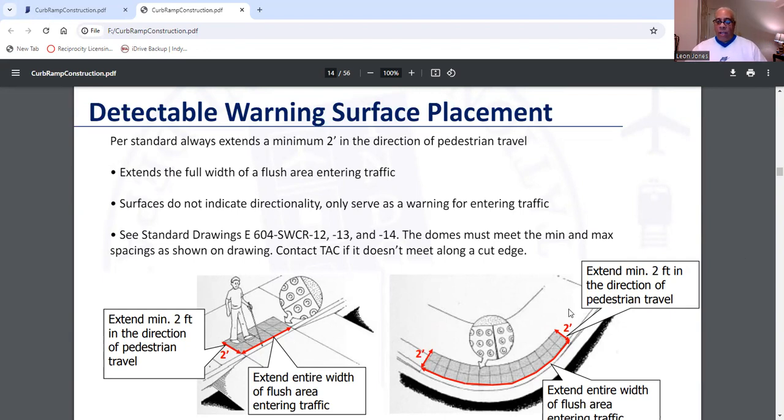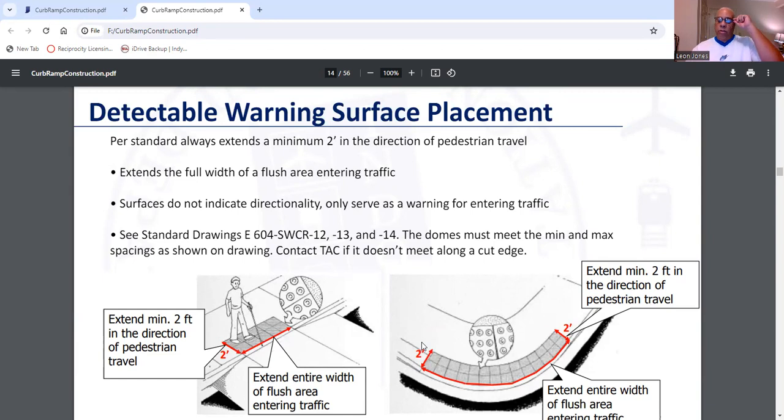So you see them extend a minimum of 2 feet in the direction of pedestrian travel right here, and also extend the flush area for entering traffic. And in this slope right here, here's your slope, but also this is your detectable warning surface placement right here.